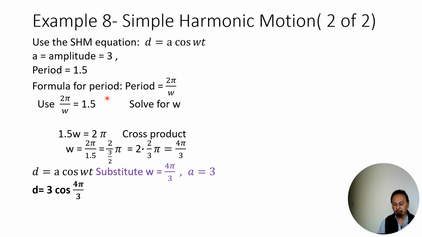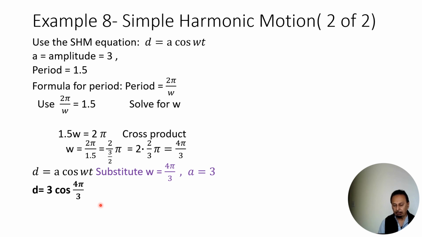Well, we can cross multiply. We get 1.5 times w equals 2 pi. And now we can divide by 1.5. So you have w equals 2 pi over 1.5. And then you simplify. 1.5 is 3 halves, so you can say 2 multiplied by the reciprocal 2 over 3 times pi, and we have 4 pi over 3.